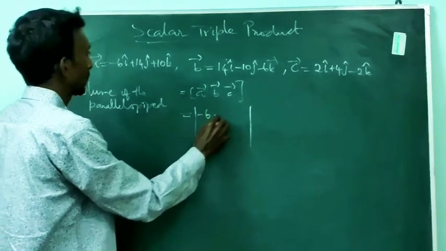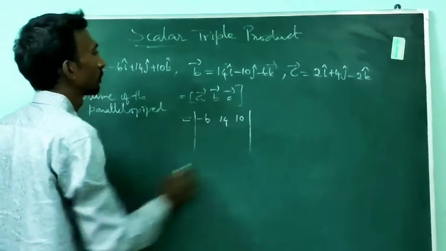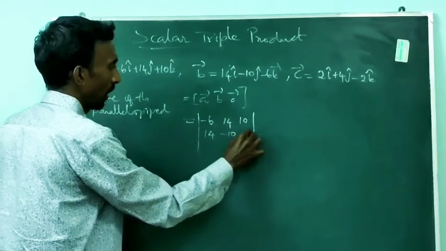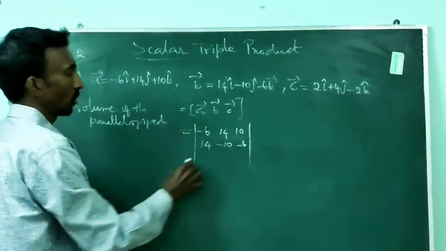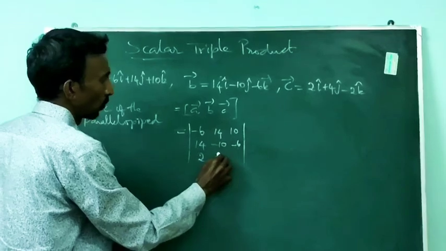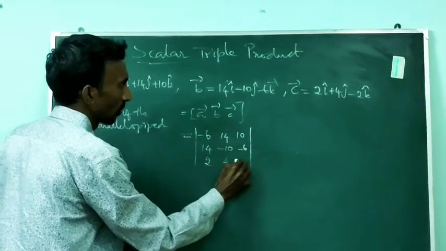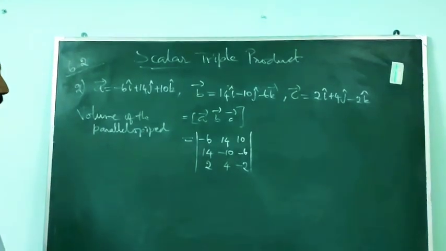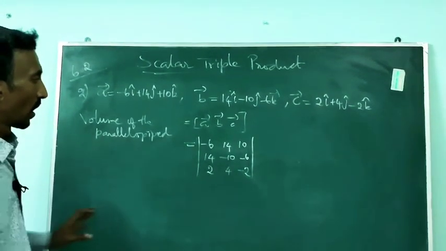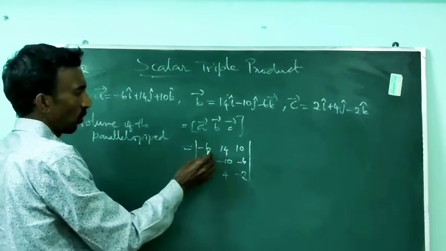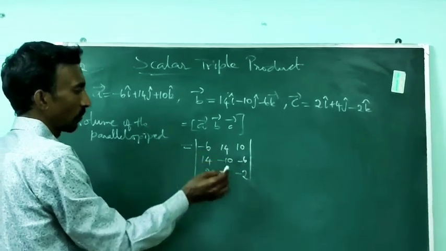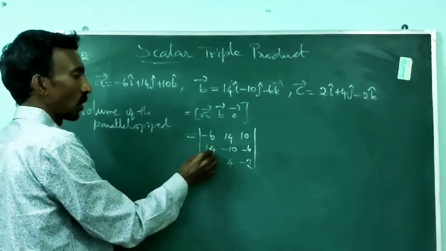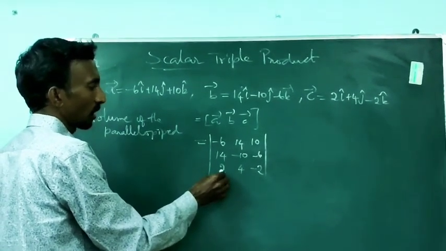Very simple, as in the previous sum, using the determinant method. First row minus 6, 14, 10. Second row 14, minus 10, minus 6. Third row 2, 4, minus 2. If we want to simplify this, we can take 2 out from the first row, another 2 from the second row, another 2 from the third row.